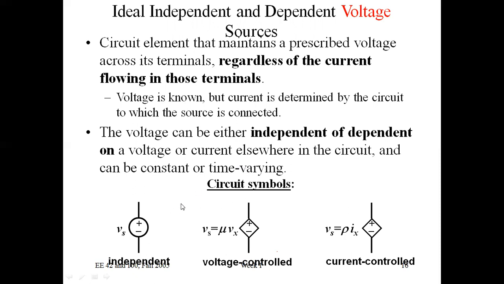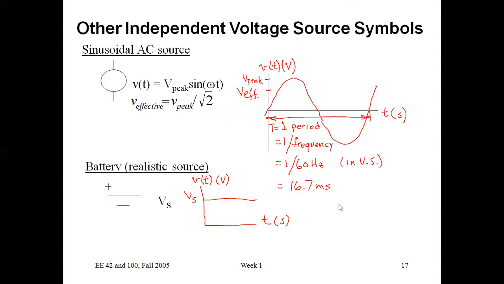The corresponding symbols for dependent and independent sources are: this is the independent source, Vs. This is the voltage controlled source symbol, and this is the current controlled source symbol.